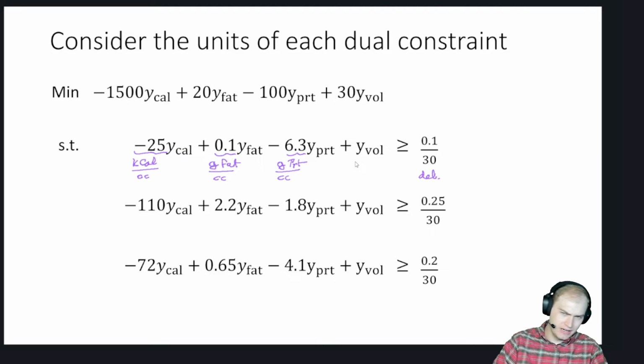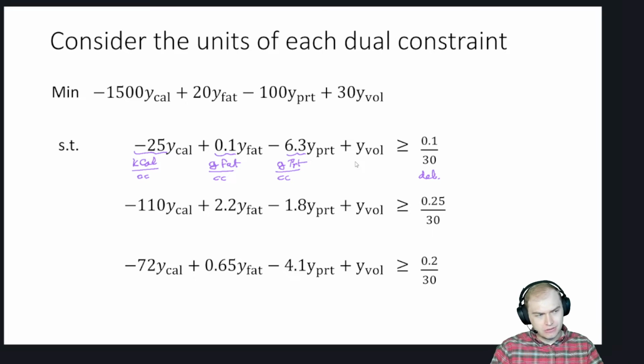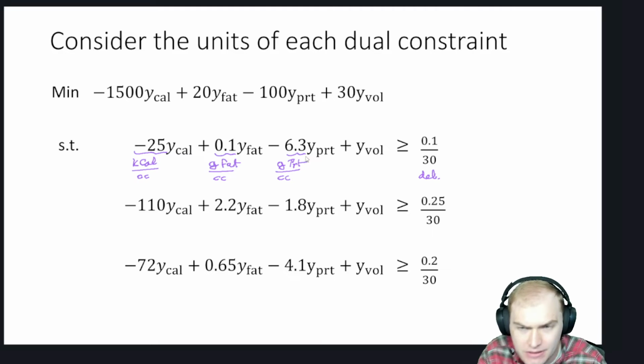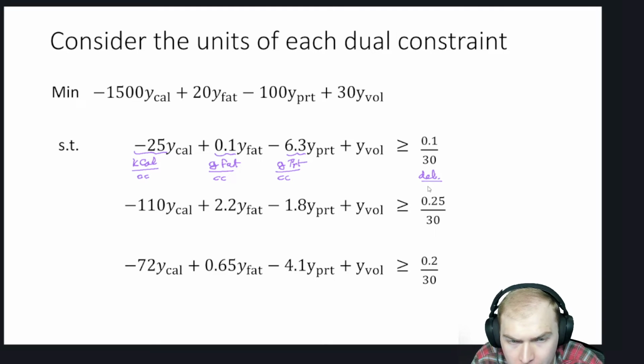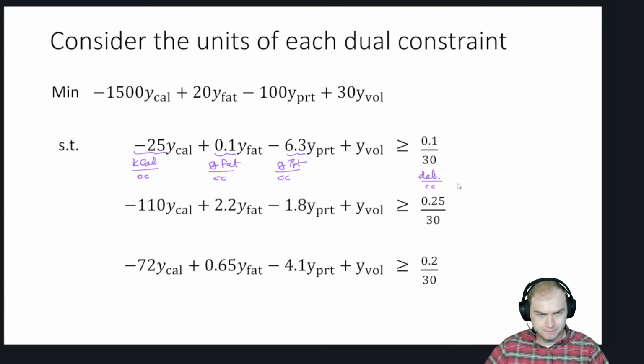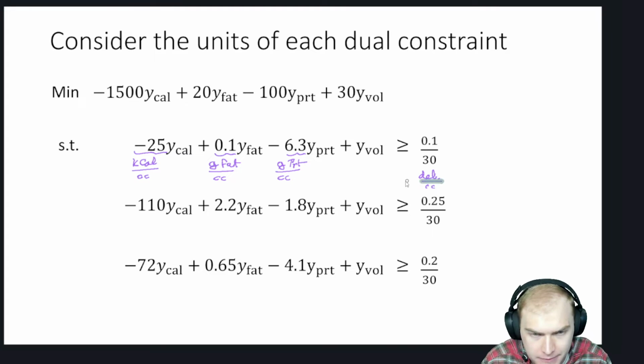Somehow we need to assign a unit to our variables that lets us evaluate to a deliciousness index. Or actually, this is deliciousness per cubic centimeter. Yes, that makes more sense.